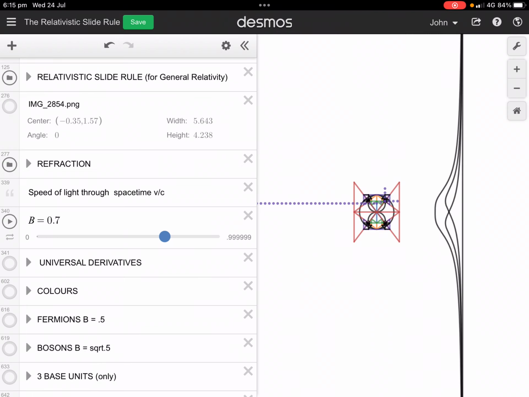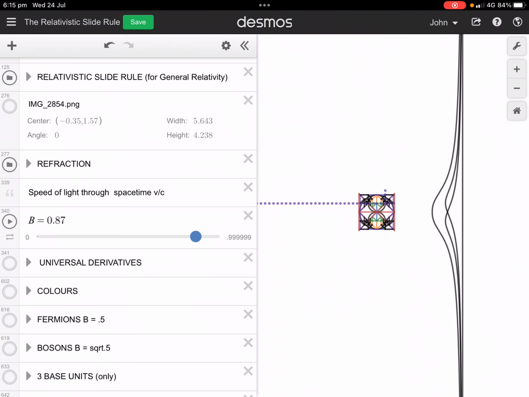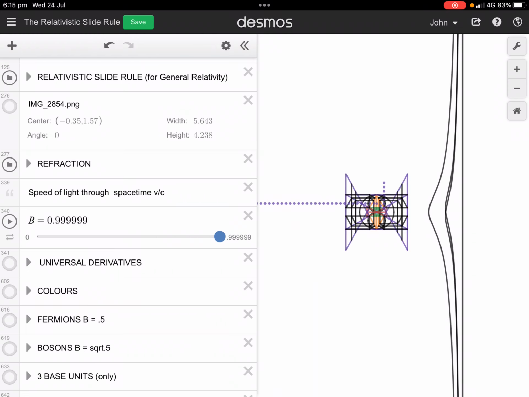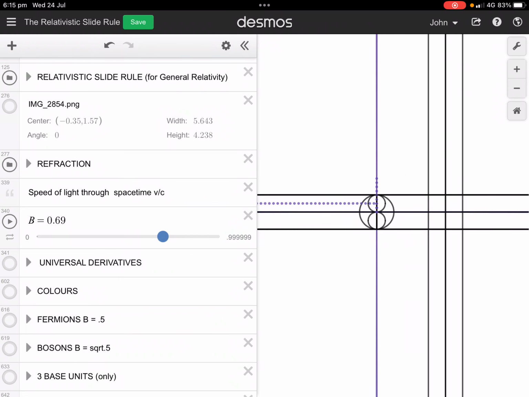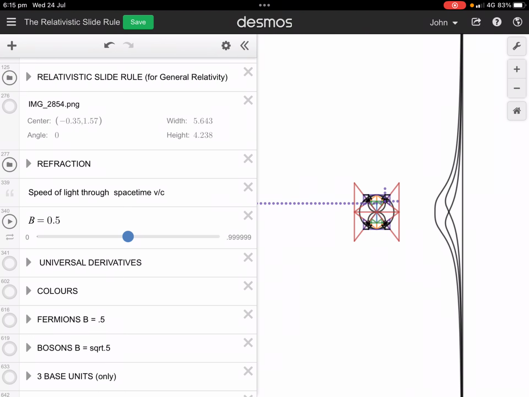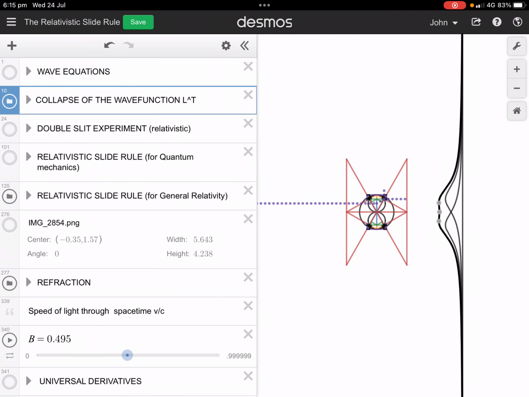So here you can see I've got them in superposition, these black things there, the probability density functions. But that's not really working out either, so forget about that.